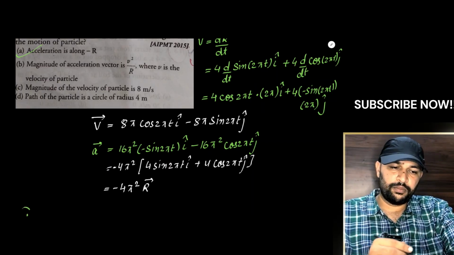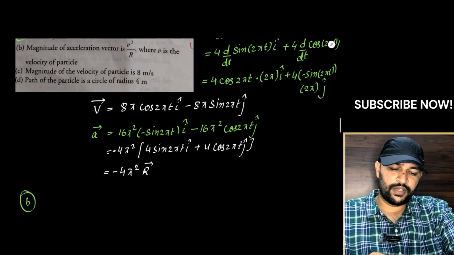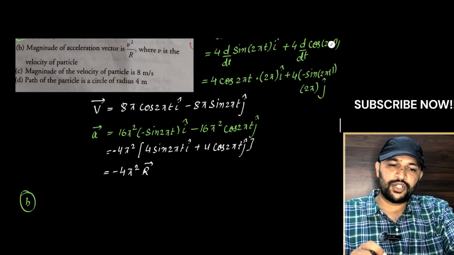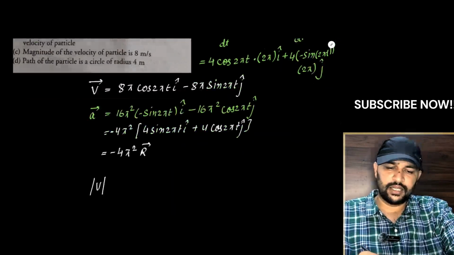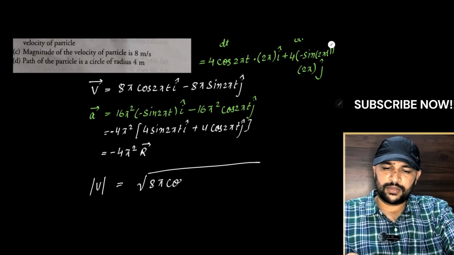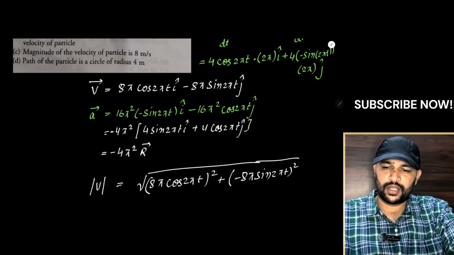Let us see option B. Magnitude of acceleration vector is v square by r, where v is the velocity of the particle. Let us find the magnitude of v. That will be equal to root under 8 pi cos 2 pi t whole square plus minus 8 pi sin 2 pi t whole square.